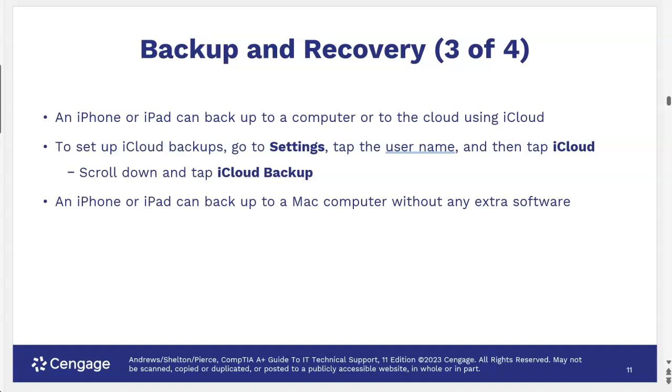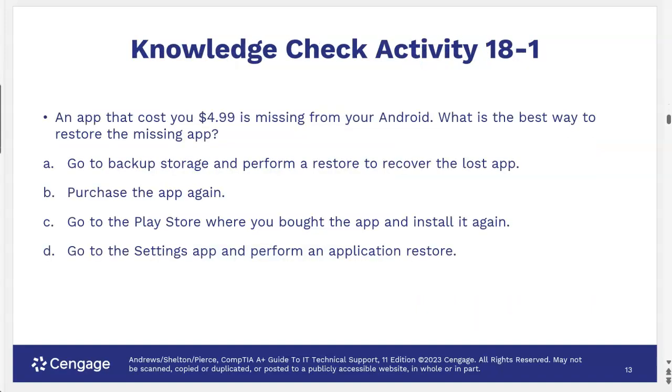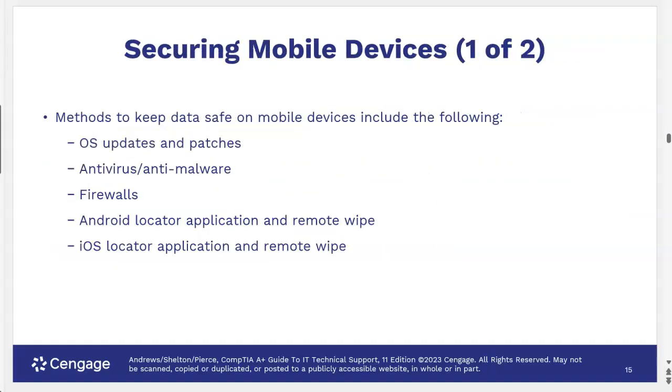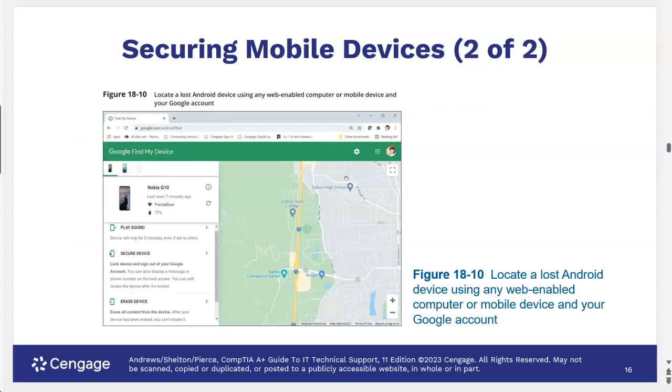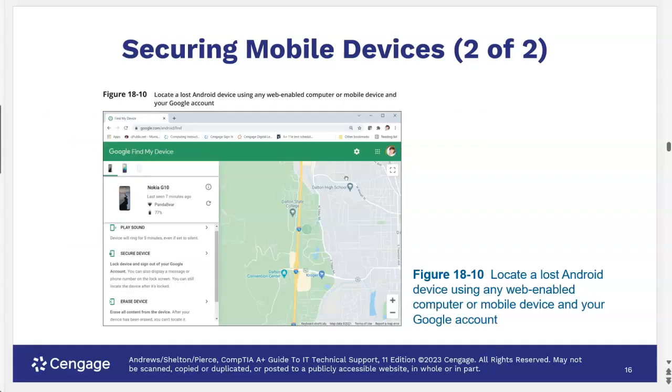Now, I did go in and take a look at my backup and recovery settings on my Android, and it is backing up. There's an Android locator app, which I thought was kind of cool. You should probably go ahead and do that if you have an Android. And I imagine iOS has a locator application.